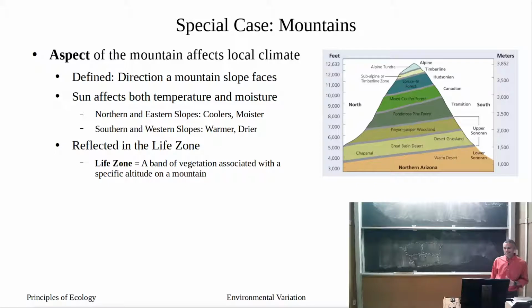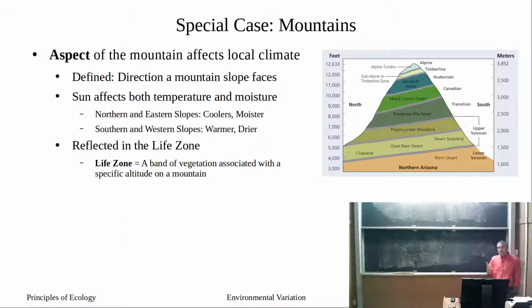What we see is that on these mountains we can establish what are called life zones. A life zone is a band of vegetation associated with a specific altitude on a mountain. In a life zone, the plants that are there have been adapted to those physical conditions, so the temperature and the moisture that's present.